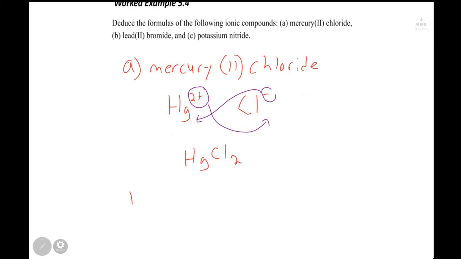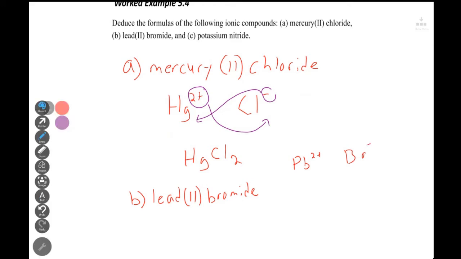Okay, B, they give us lead 2 bromide. We're going to do a similar thing here. So lead, I'm going to write it over here to the side. Lead, they're telling us, is 2 plus. Bromide we know is 1 minus.